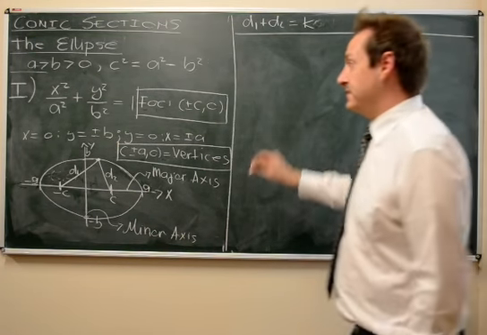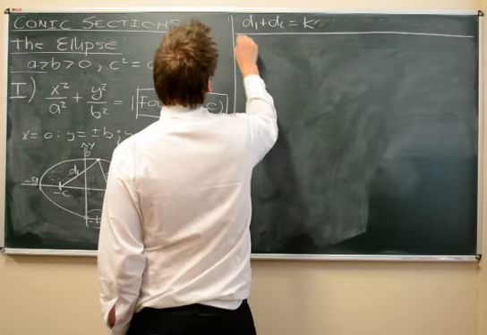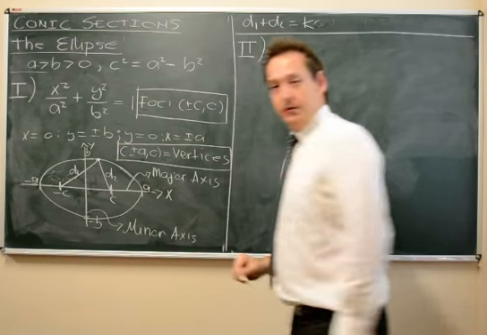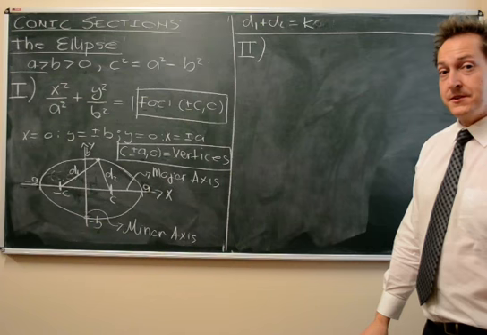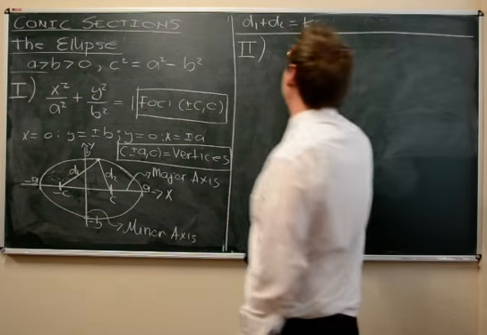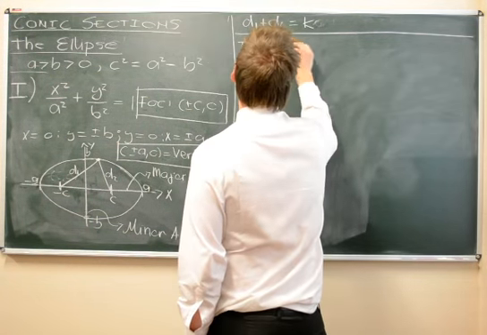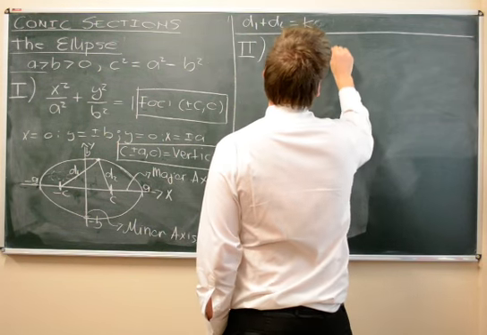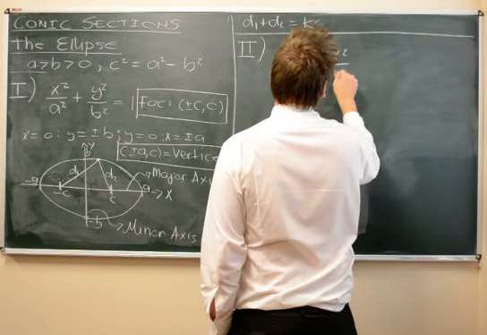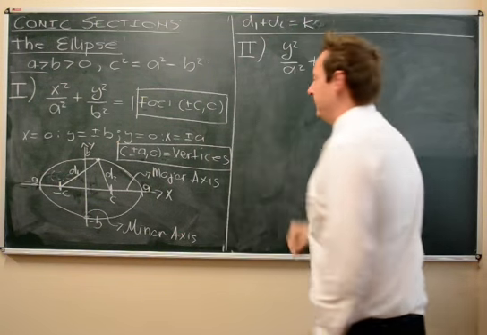Now the second case, all we're going to do is interchange the roles of x and y. So we're going to look at y squared over a squared plus x squared over b squared is 1.